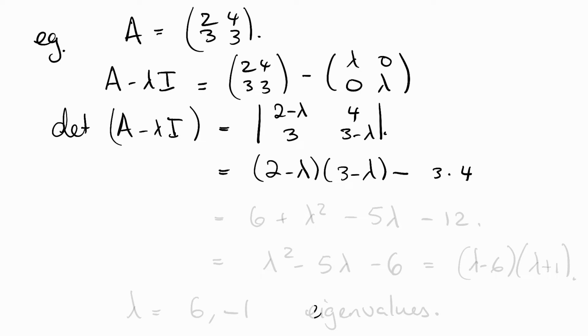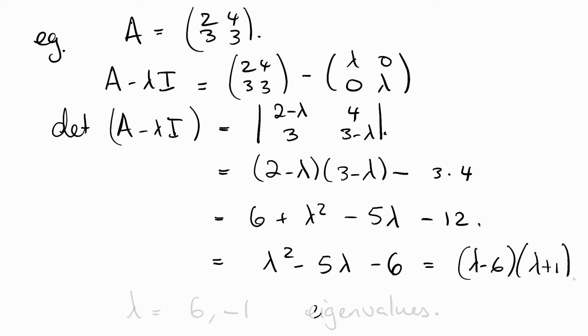All right, this is 6 plus lambda squared minus 5 lambda minus 12. If you FOIL it out, this is lambda squared minus 5 lambda minus 6, which factors into lambda minus 6, lambda plus 1. The eigenvalues are going to be the roots of this. So lambda is equal to 6, or lambda is equal to -1, and these are the eigenvalues.